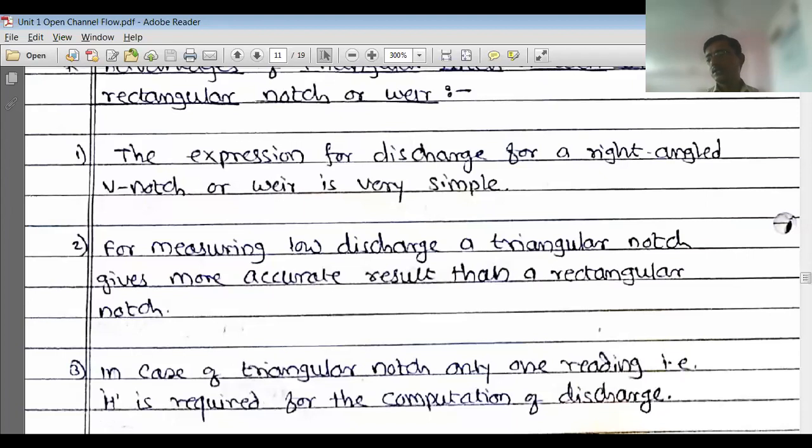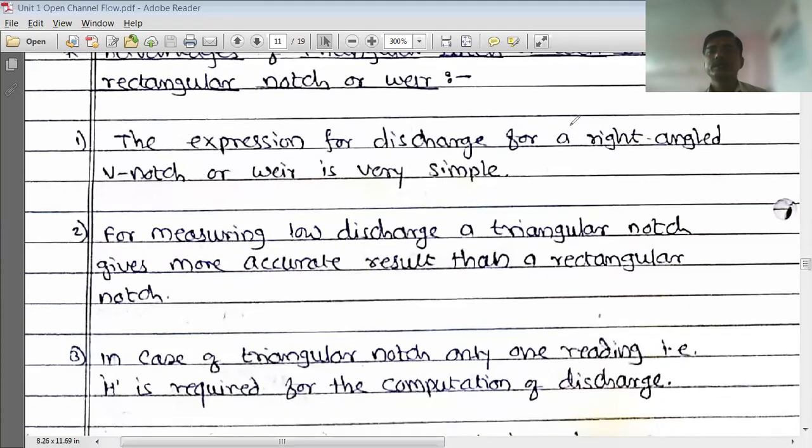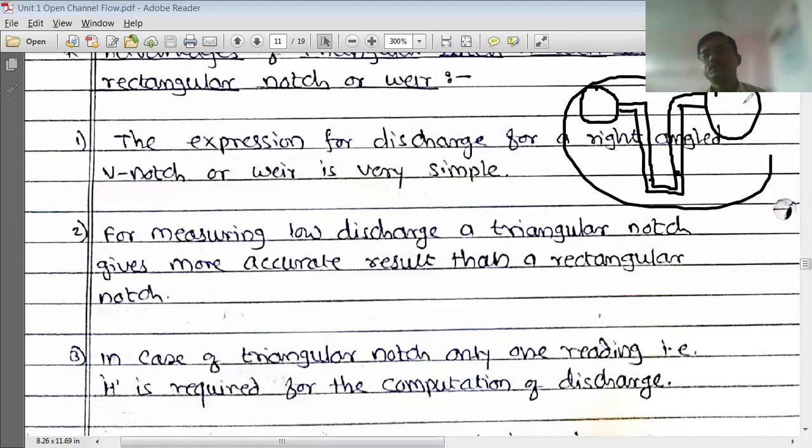If you remember, the advantage of the inverted tube manometer is that it gives more accurate results for smaller variation of pressure. In a normal mercury differential manometer, the problem is that mercury is very heavy as compared to oil, so for a smaller pressure difference there will be very little variation in the mercury reading. So the accuracy of this kind of differential manometer is very low for smaller pressures.